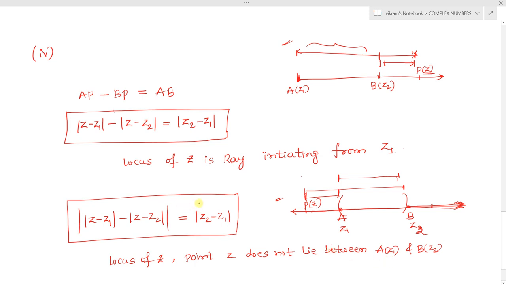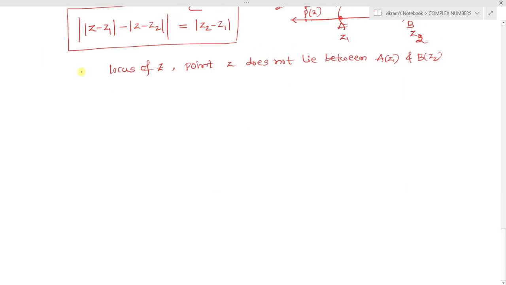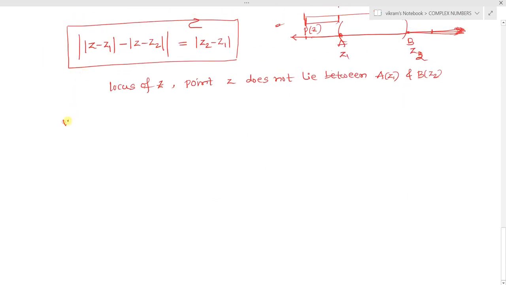I think you understand how the line segment can be represented with complex numbers. Moving forward, next we will discuss the circle, how to represent a circle using complex numbers.